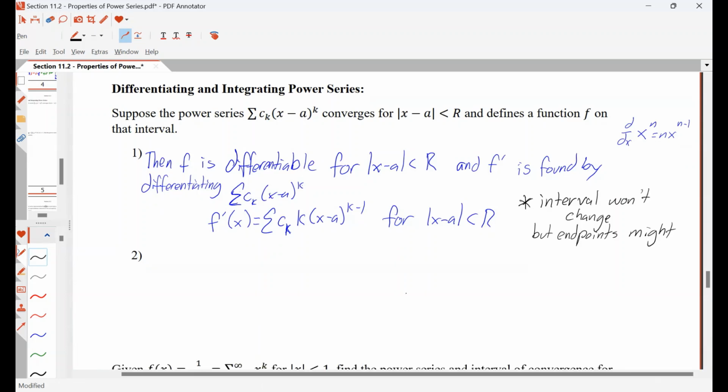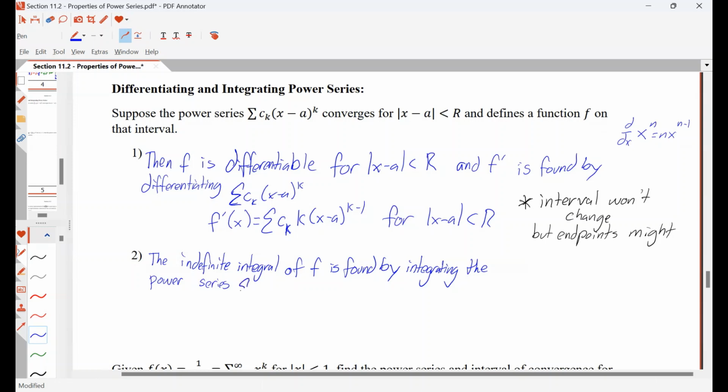We can take the derivative. We can also take the integral. The indefinite integral of f is found by integrating the power series of c_k times x minus a to the k.